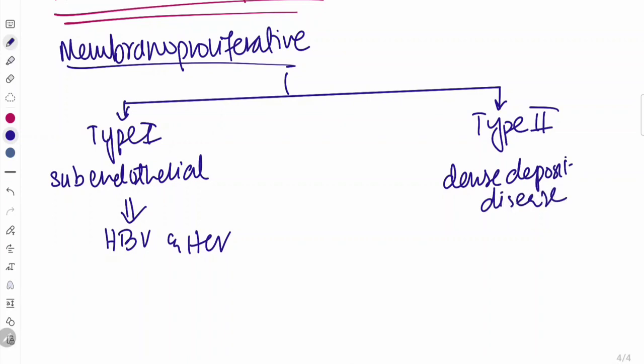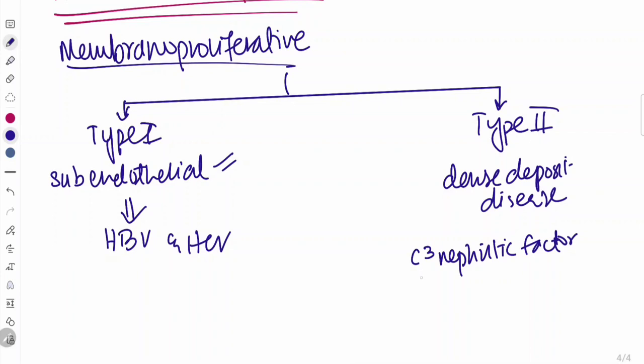And what happens here? Okay, so it's simple. The subendothelial one is the simple one. You will have nephrotic syndrome here. But in dense deposit disease, what happens? There is a factor called C3 nephritic factor. It is like a brother to the complement system, right? You know the complement system.